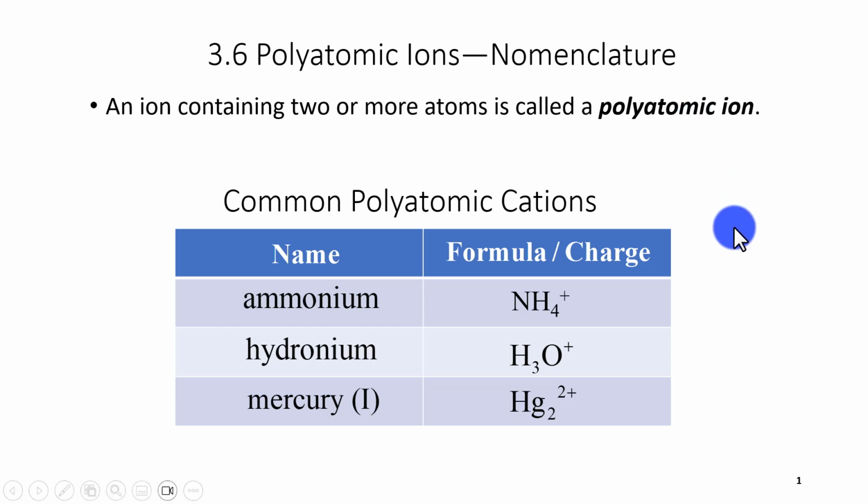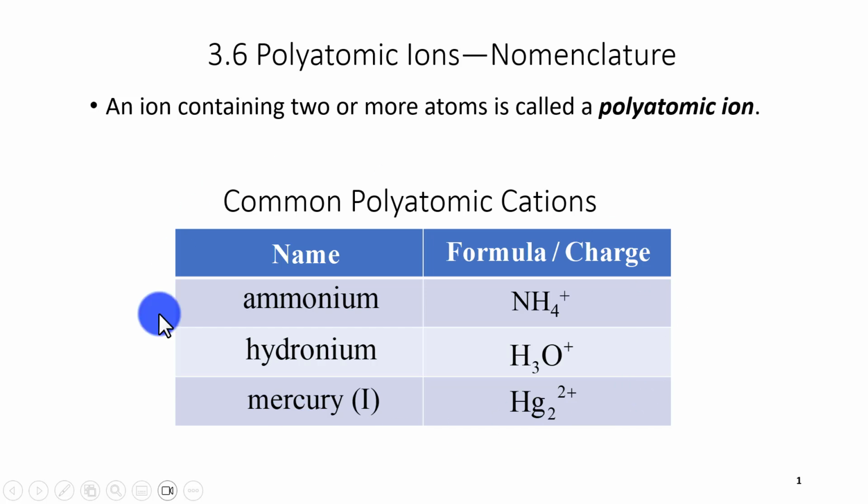In the next couple of slides, I have provided for you common polyatomic cations, positive ions, and common polyatomic anions. You will notice that there are a lot more anions that are polyatomic than there are cations.